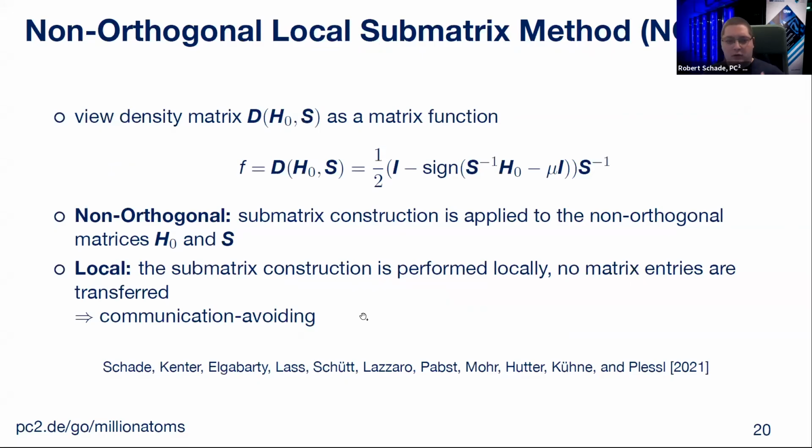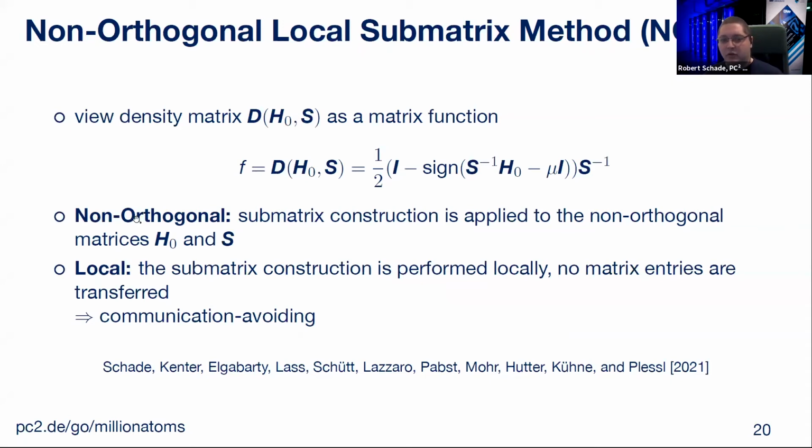Now to how it works underneath. Instead of just viewing the sign function as a matrix function to be approximated, we view the whole density matrix, which depends on the Hamiltonian H0 and overlap matrix S, as the matrix function to be approximated.